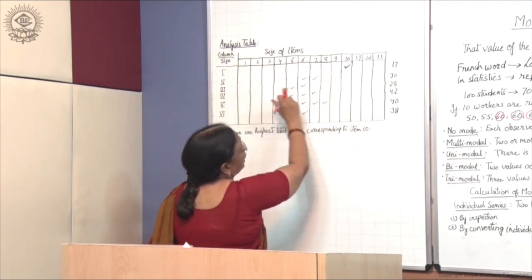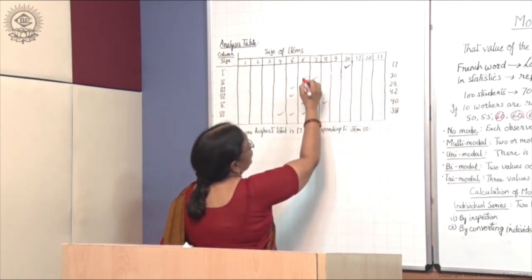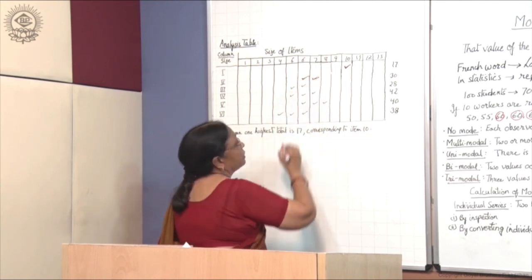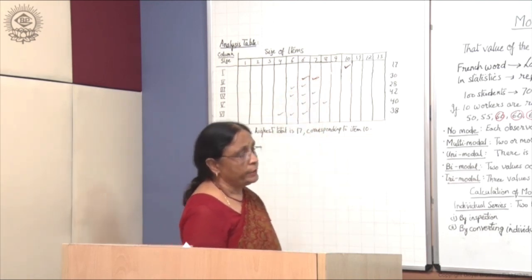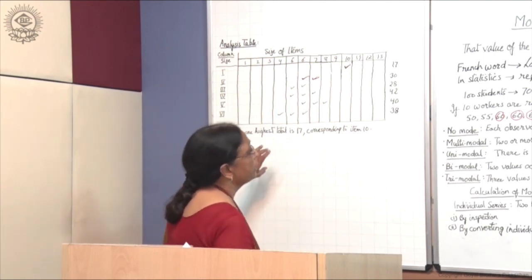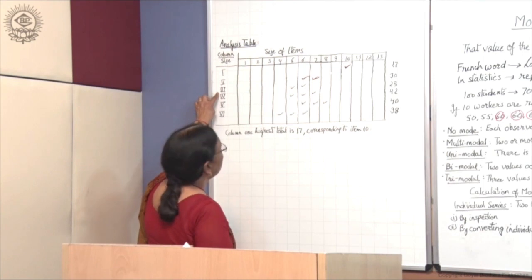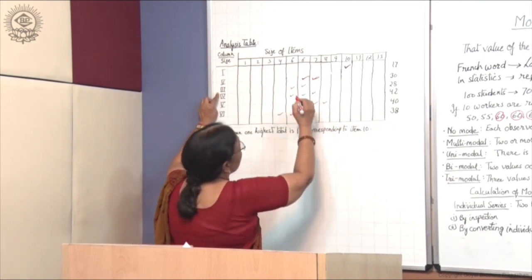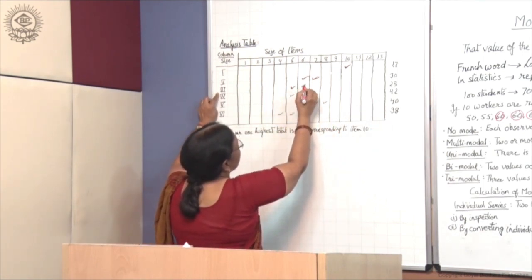Second column, the highest frequency is 30, corresponding items were 6 and 7. That means 30 you got by adding the corresponding items 6 and 7. Then third, 28 was the highest frequency, corresponding items were 5 and 6.